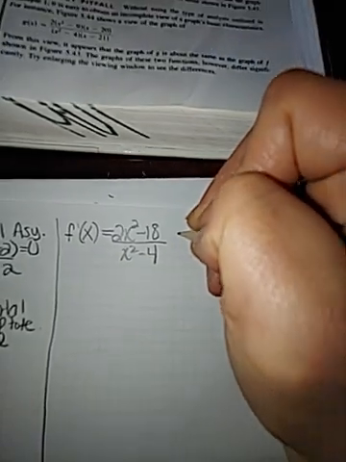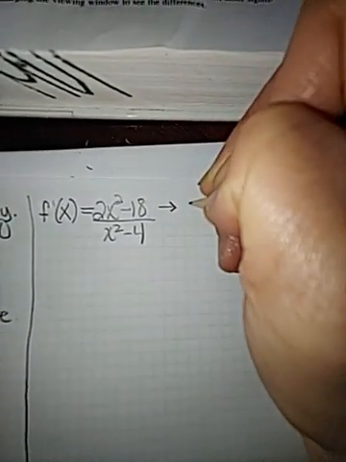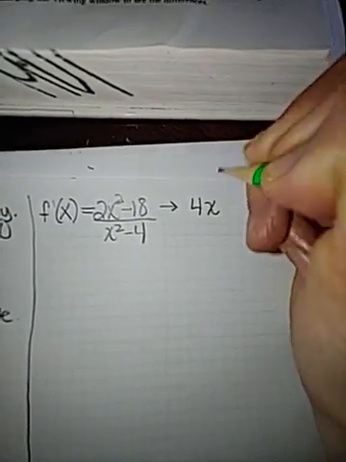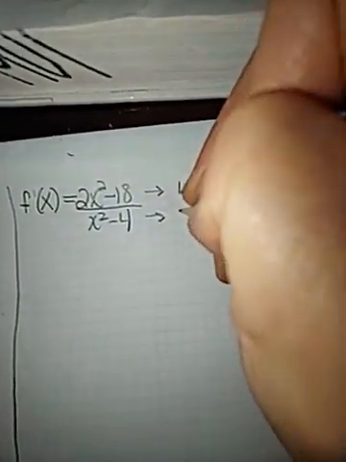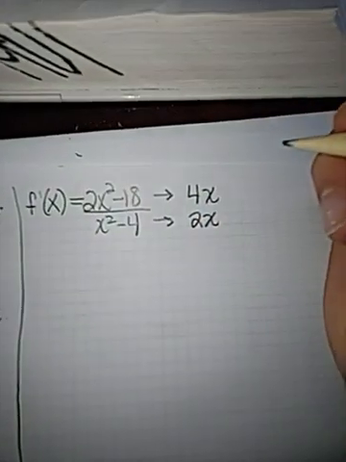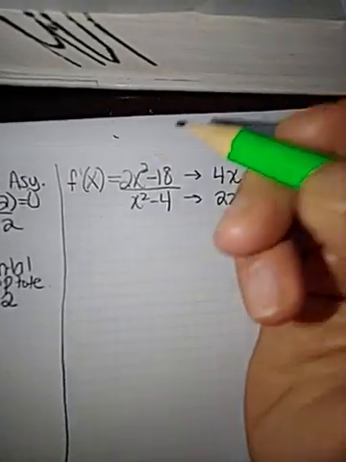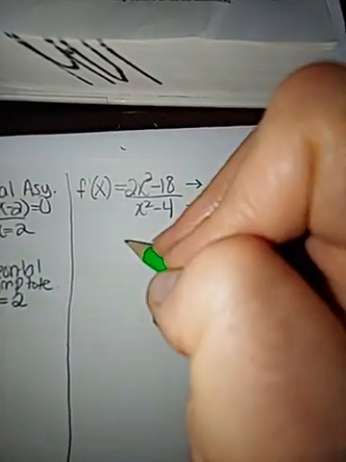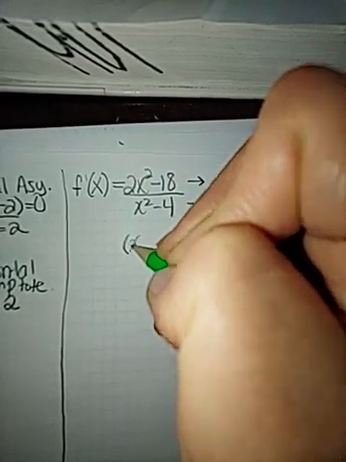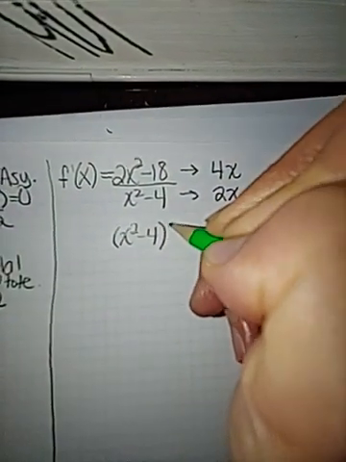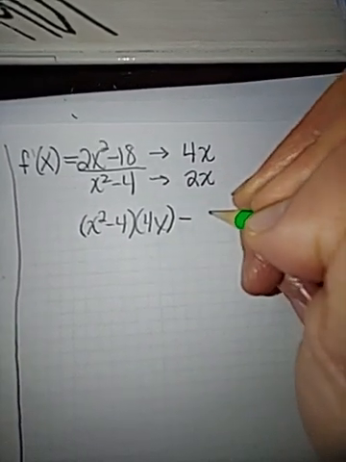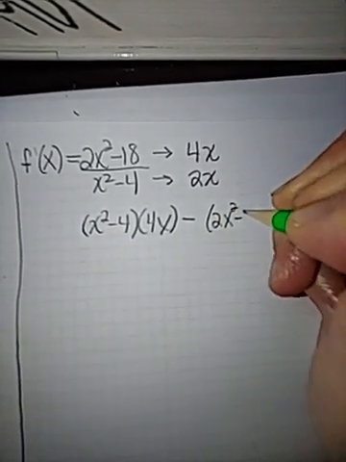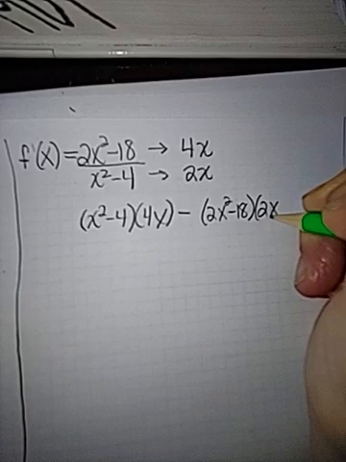Okay, the derivative of the top is 4x, and the derivative of the bottom is 2x. So I have to multiply x squared minus 4 times 4x minus 2x squared minus 18 times 2x.